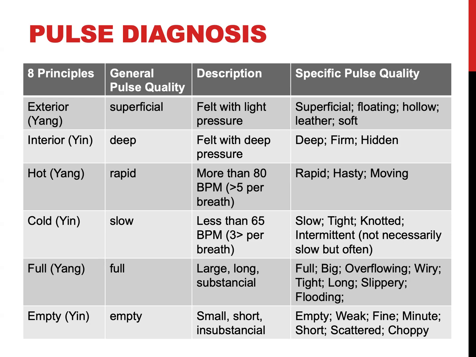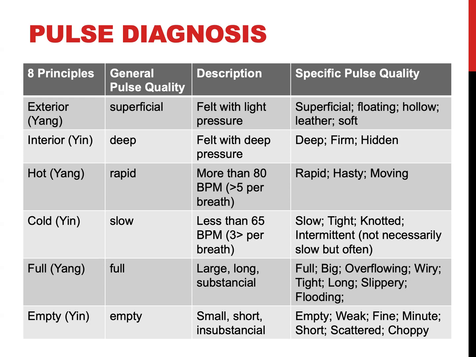So for interior or yin patterns, the general pulse quality will be deep. And this pulse through palpation can be felt with deep pressure. So for a specific pulse quality, this pulse are deep or could be firm, could be said to be hidden.